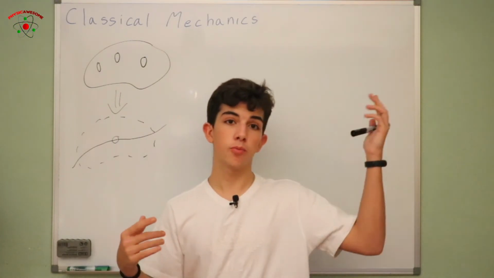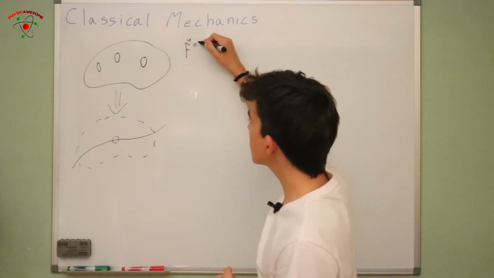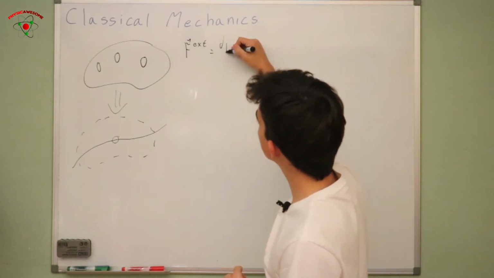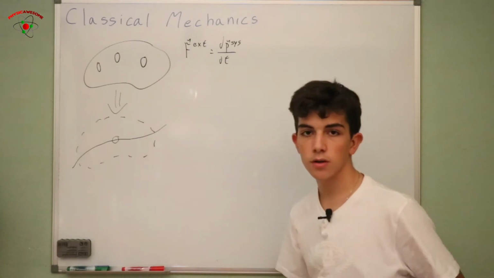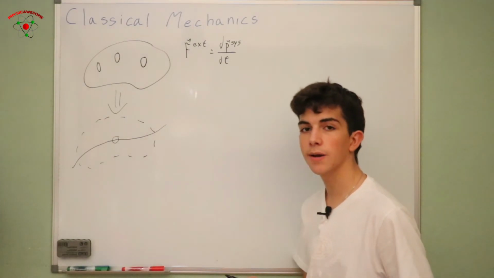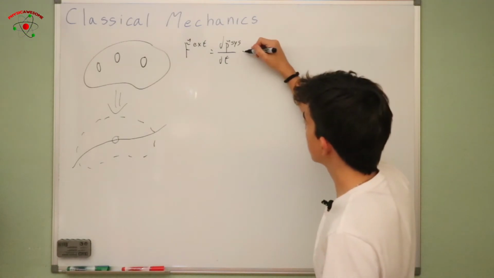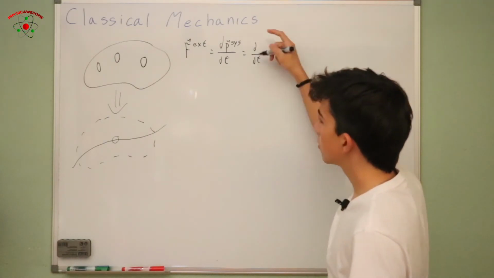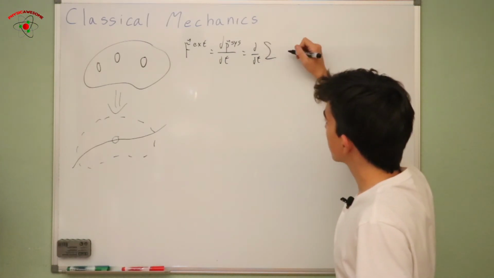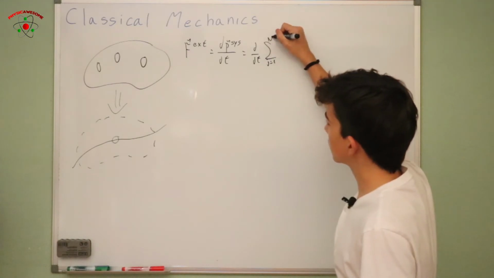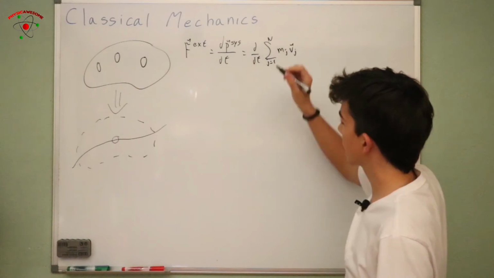Recall from the previous video that we found that F external is equal to the change of the momentum of the system over time, the time derivative. And recall also that this is the d/dt of the definition of the momentum, that is, from j equals 1 to n of mj vj.